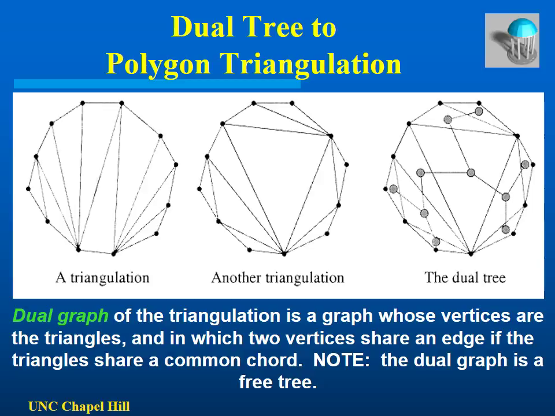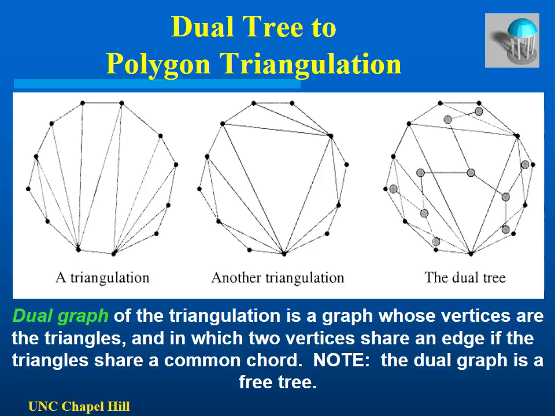In any case, let us consider a graph that we'll call the dual graph of the triangulation. The nodes of the graph are going to be the triangles. So we will have a node, if you will, in the middle of each triangle. And the arcs of the graph will connect any pair of triangles that share a triangle side.